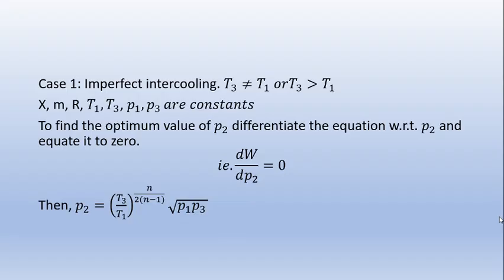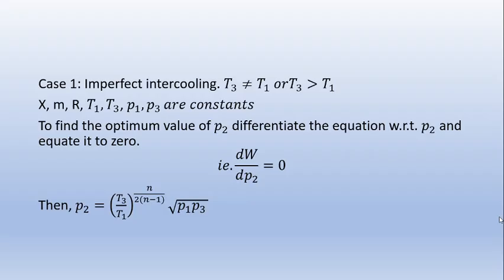Here we have two cases. The first case is imperfect intercooling, that is the actual case. Perfect intercooling is the other case, but as I already told you, it is not possible. Perfect intercooling means the temperature after intercooling is equal to the ambient temperature or temperature of the intake air.